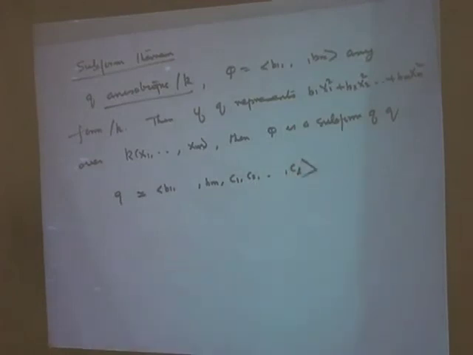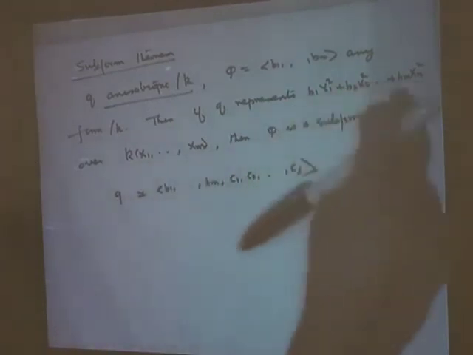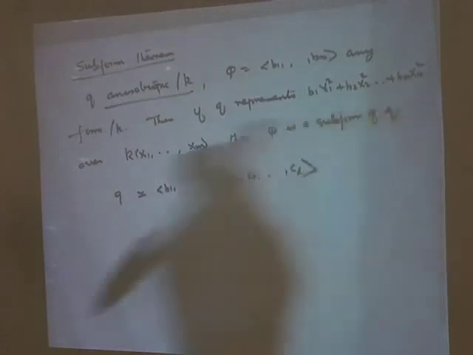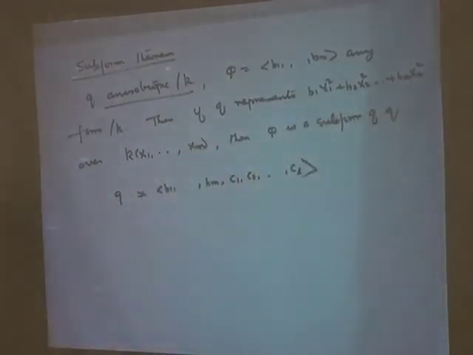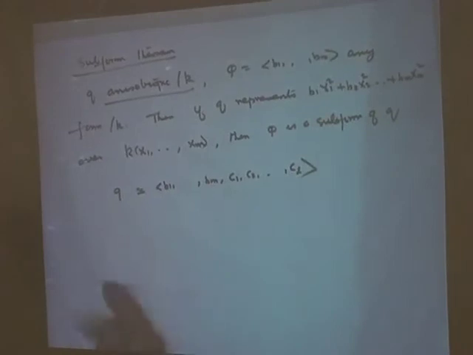Okay, you can make phi part of Q, provided Q represents this polynomial associated to phi over the corresponding function field. This is the subform theorem, which again we'll see how we can effectively use it.